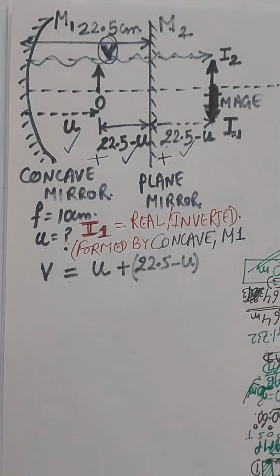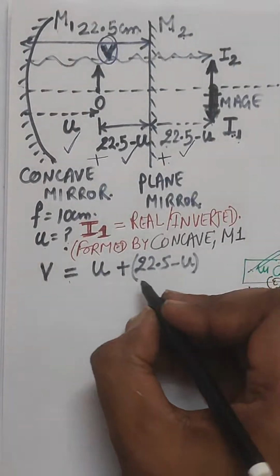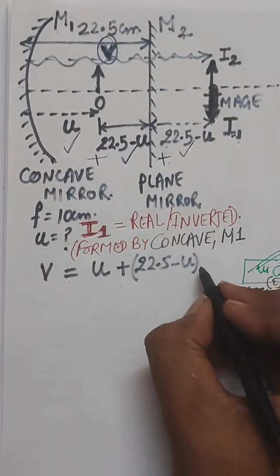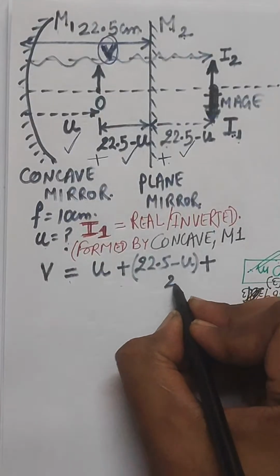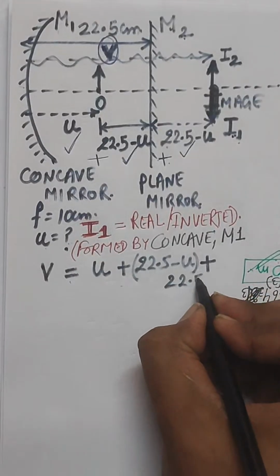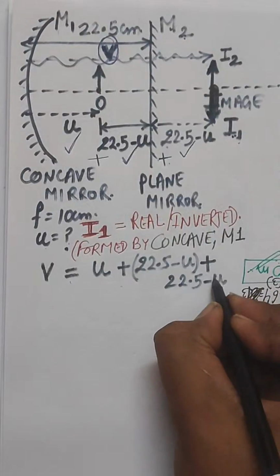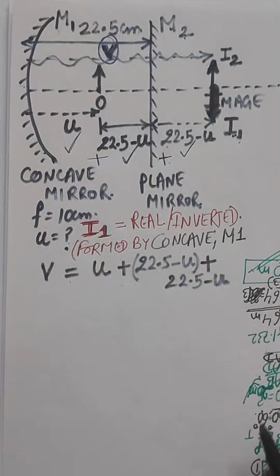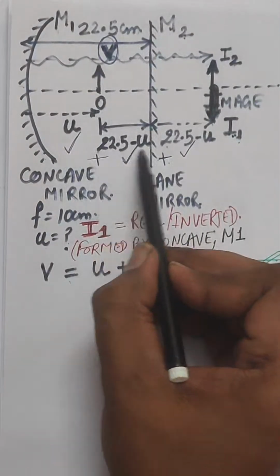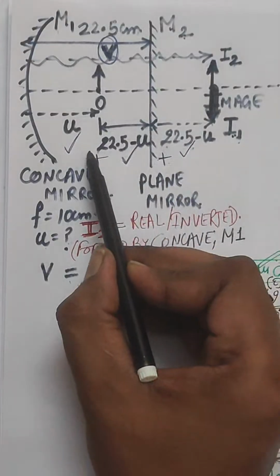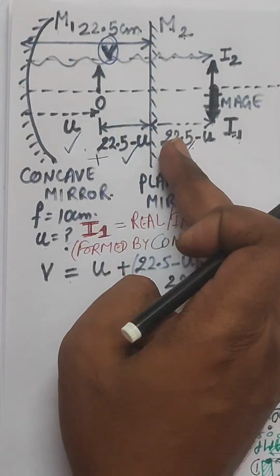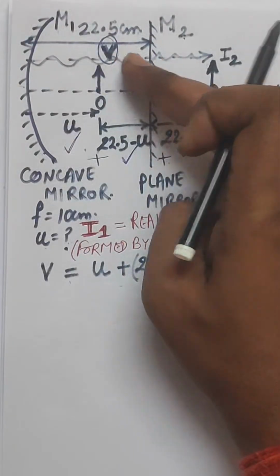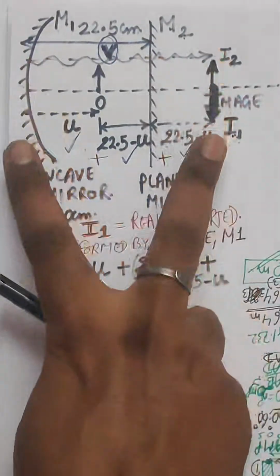So again I am writing 22.5 minus u plus 22.5 minus u. Why two times? Because one is this one, another is this one, and plus u. All this 1, 2, 3 will add up and give you this v, right? This is the same distance, you can see.